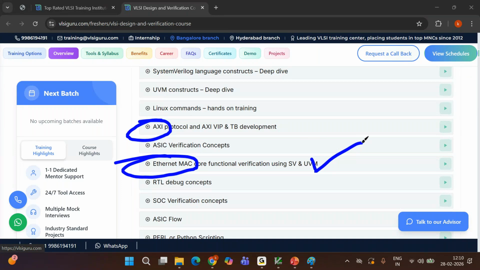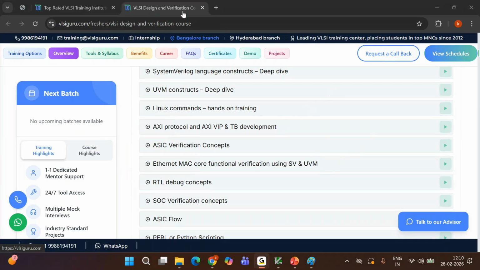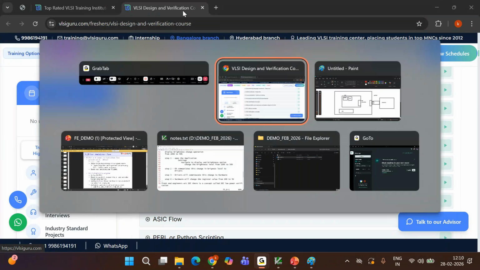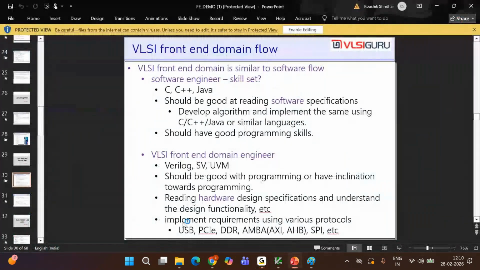Understood? For both of these things. And implement requirements using various protocols, using USB, PCI, DDR, AMBA protocols, etc.